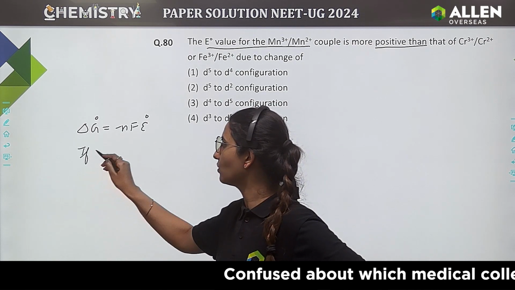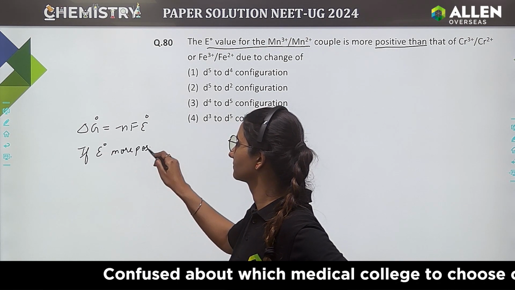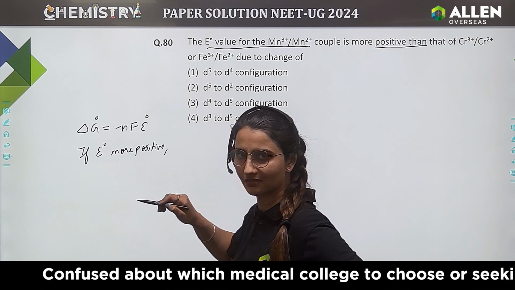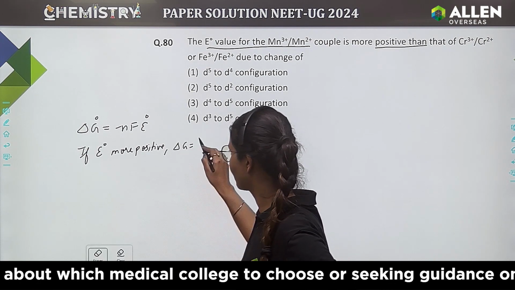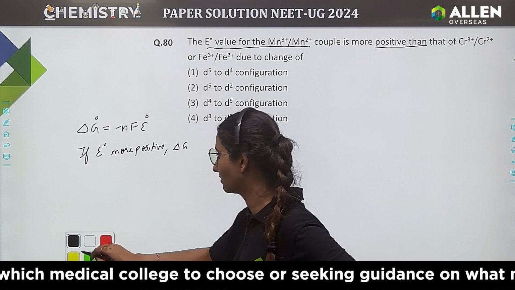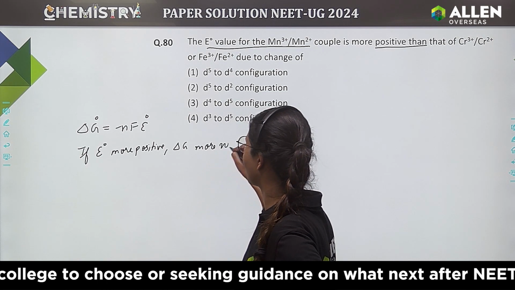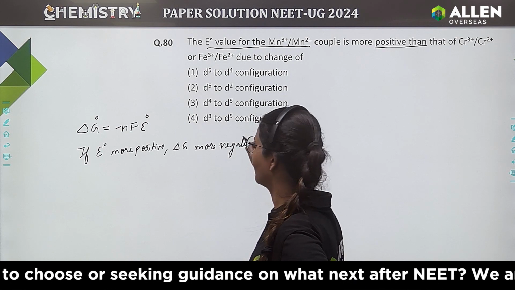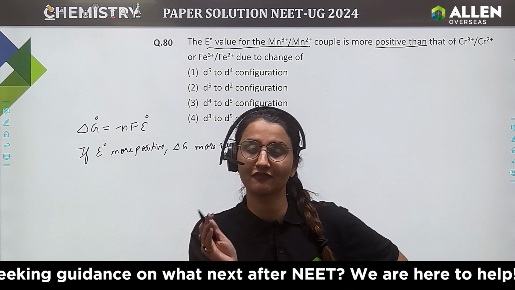If E naught is more positive, it means delta G is more negative. And you know, students, delta G being negative favors spontaneity.